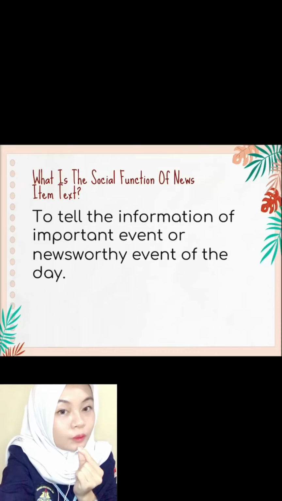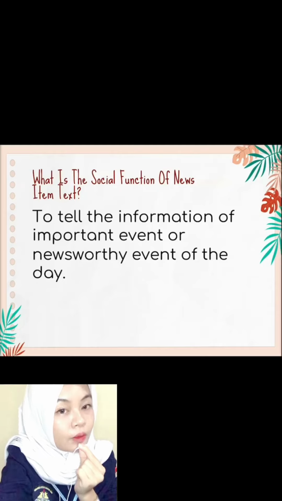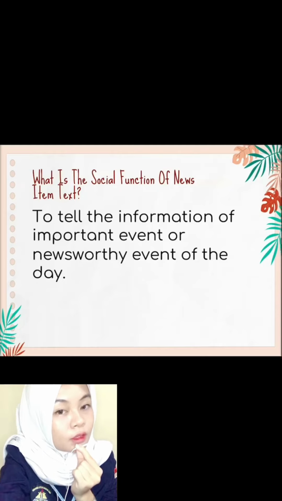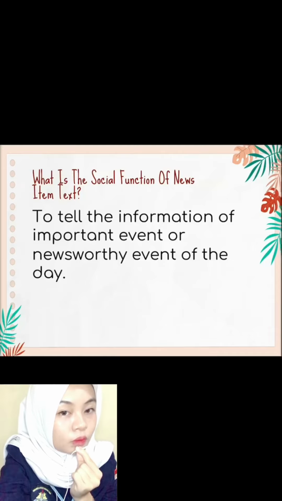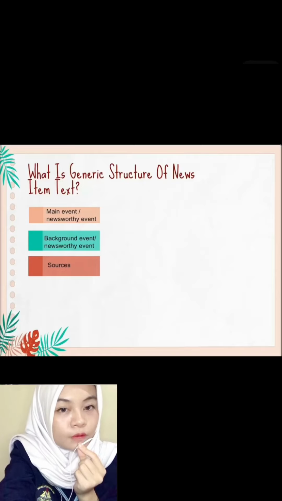Okay, the second one is that we learn about the social function or purpose of news item text. The social function of news item text is to tell the information of important events or newsworthy events of the day. Okay, the third one is about generic structure or the parts of news item text.